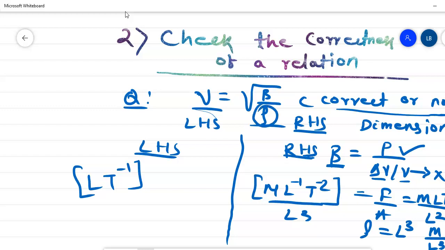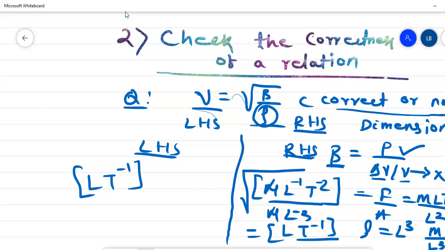So here I can write M L minus 3. M cancels, and L minus 1 minus minus 3 gives 2. So it will be L squared T minus 2, and the root over is there, so I take the root. What I am getting here is exactly L T minus 1, which is the dimension of the RHS side. So the dimension of LHS equals the dimension of RHS.